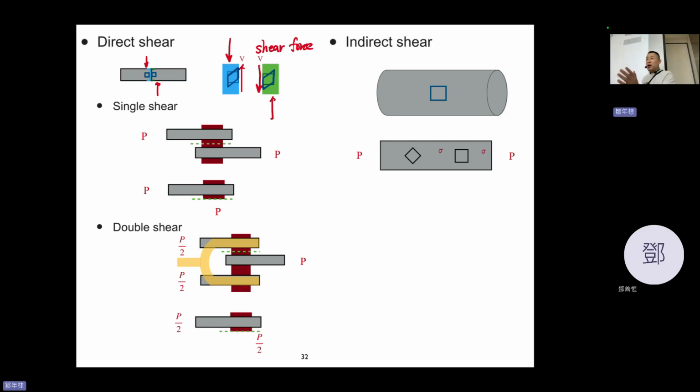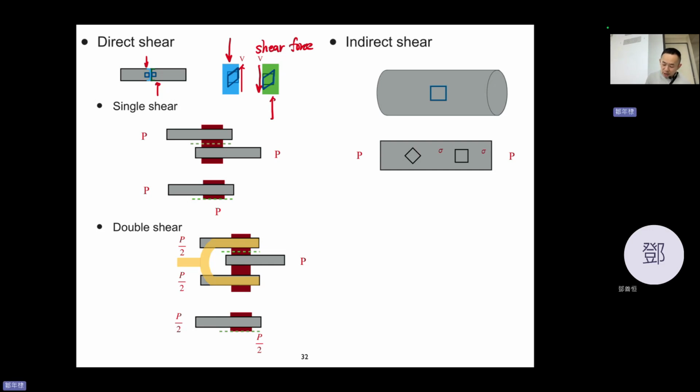So you now know how the shear makes the material twist. If you have a crystal structure, maybe a cube, and you have a shear, it becomes a shape like this. Sorry, how do you say parallelogram in English? Anyway, the square becomes a parallelogram if you are subjected to shear force. So this is direct shear.